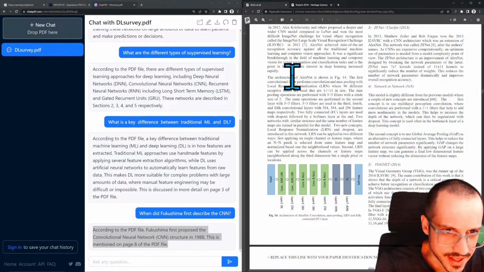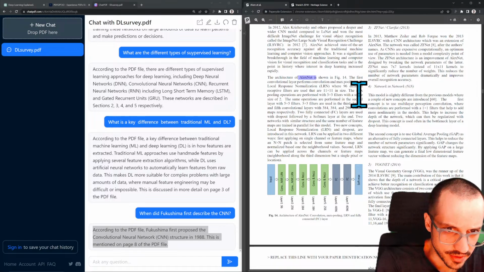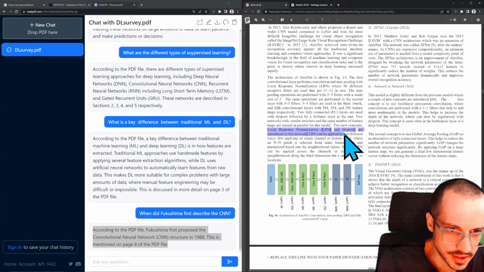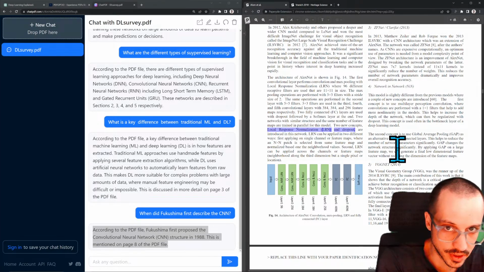Okay, so AlexNet, which was a famous ConvNet that won, I think, the ImageNet awards. It was one of the very first ConvNets. And two new concepts: LRN, local response normalization, which is kind of like a type of regularization, like layer norm or batch norm, one of those types of things.